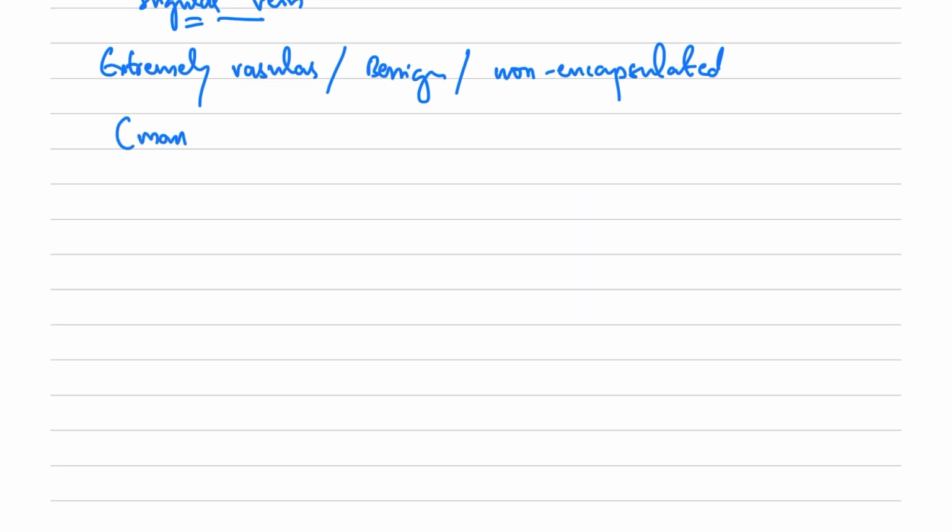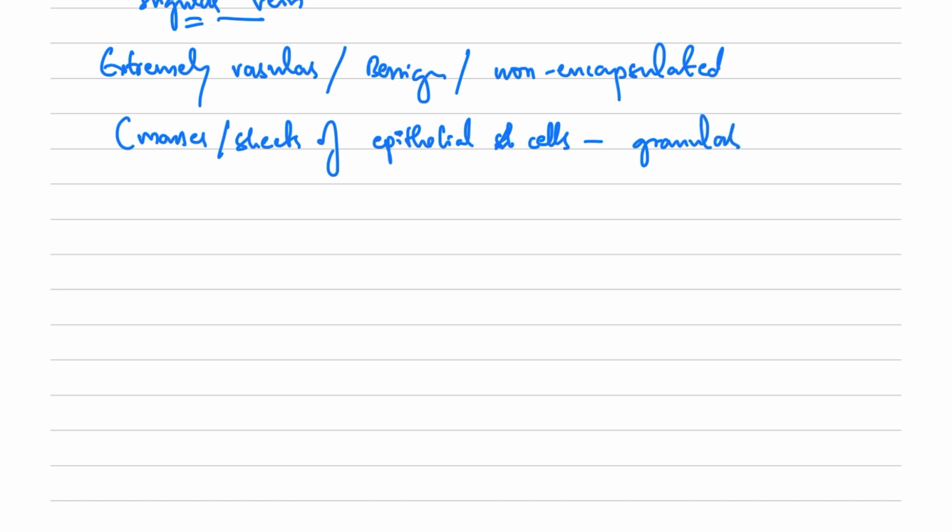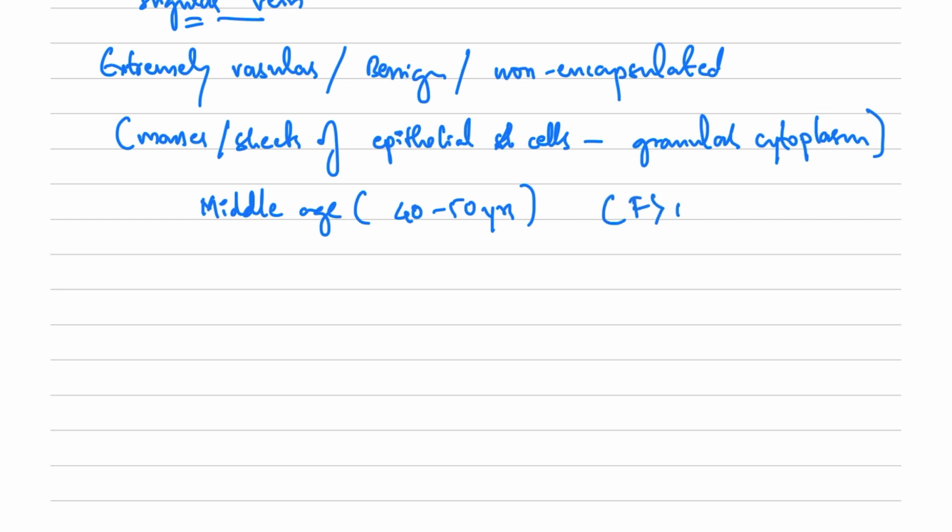In the histopathology it appears as masses and sheets of epithelial cells which have a coarse granular cytoplasm. It generally occurs in the middle age group, that is 40 to 50 years, and females are more affected than males with a ratio of 5:1.